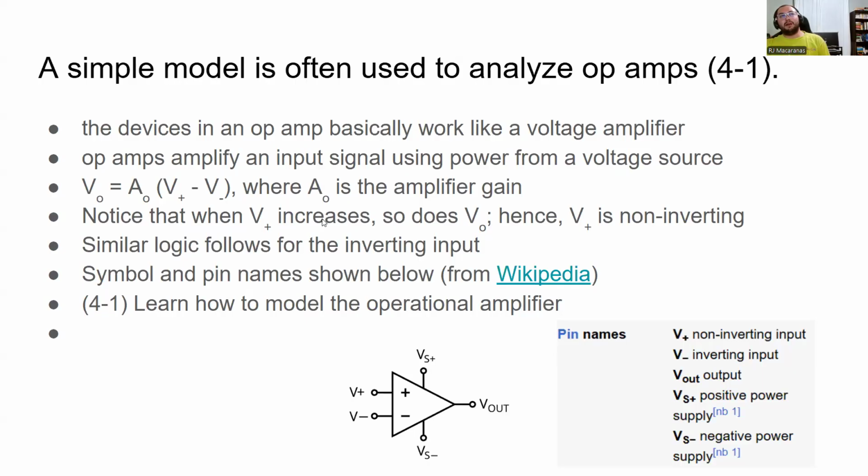You'll notice that when the non-inverting input increases, so does the output voltage. That's why we call it the non-inverting input. Similar logic follows for the inverting input. If we increase the inverting input, the output actually decreases, hence inverting.